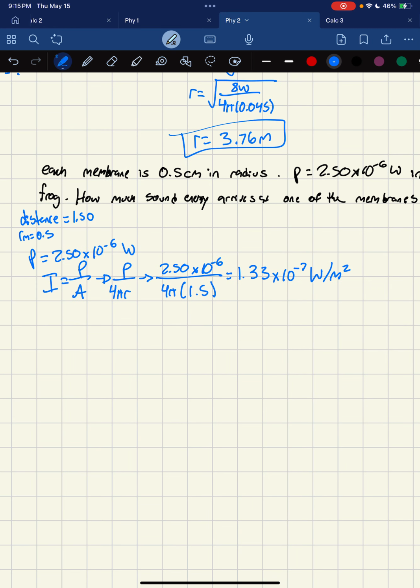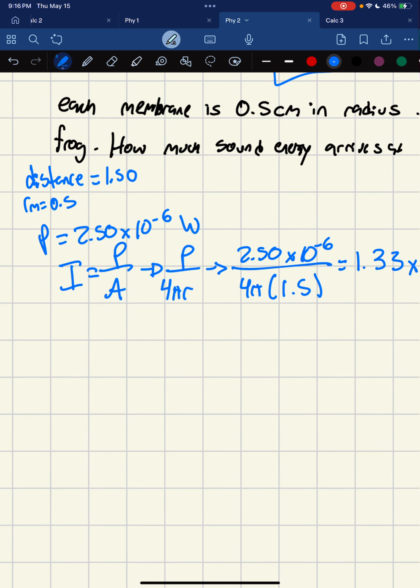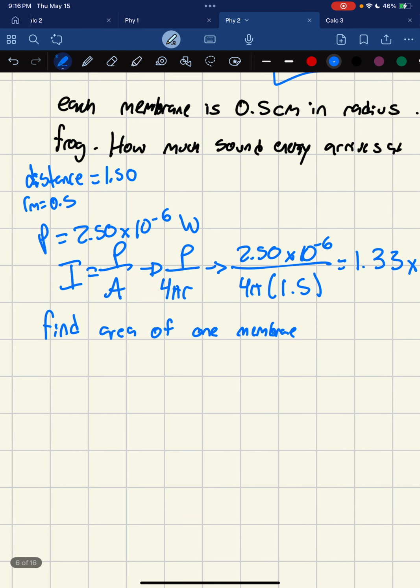Now, using my intensity, I still have to find the area of the membrane. So to find the area of one membrane, I just use my regular pi r squared formula.